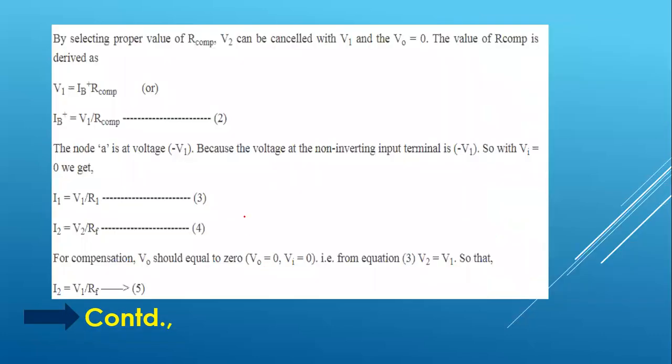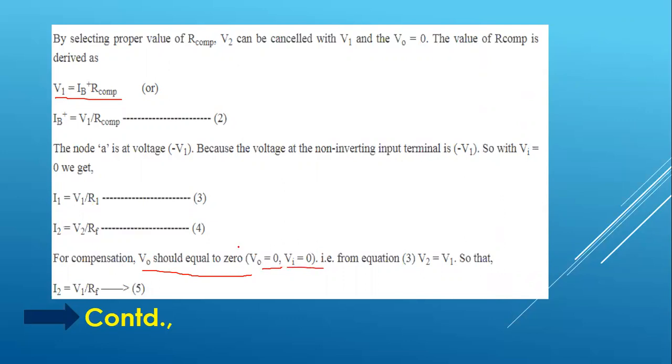Next, if we substitute, we know that V1 is equal to IB plus into R compensation, and from this we can write IB plus is equal to V1 by R compensation. We have the currents I1 equal to V1 by R1. Similarly, you can write I2 equal to V2 by RF. For compensation, V0 should be equal to 0, that is, V0 equal to 0 for Vi equal to 0.